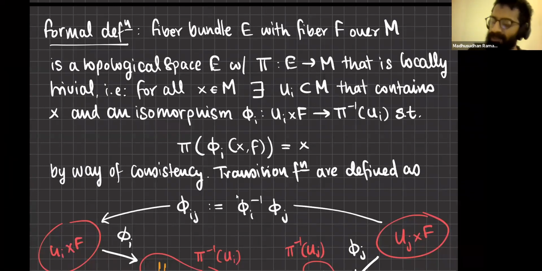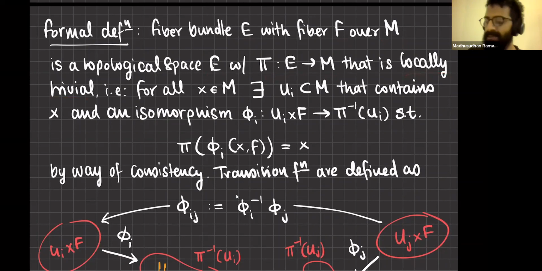So the formal definition of a fiber bundle is that a fiber bundle is denoted E. It has a fiber F over a base manifold M. So E is a topological space, right? And equipped with a projection pi that maps E to M that is locally trivial, right? We've already seen local triviality.